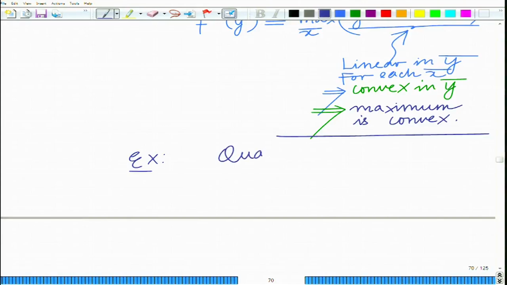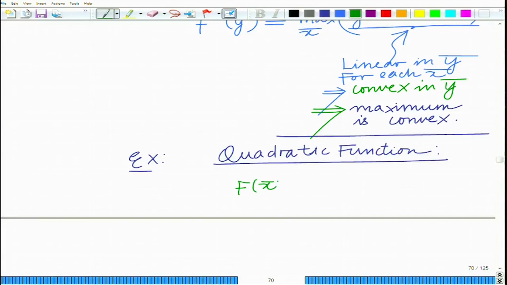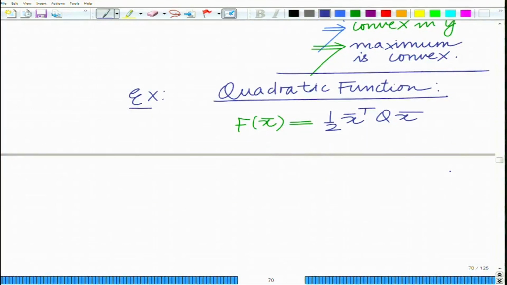Consider the quadratic function f of x bar equals half x bar transpose Q x bar, with Q symmetric positive semi definite, which we have also written as follows: Q greater than or equal to 0.